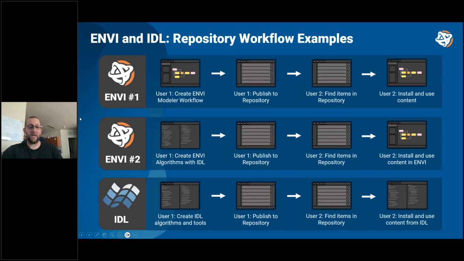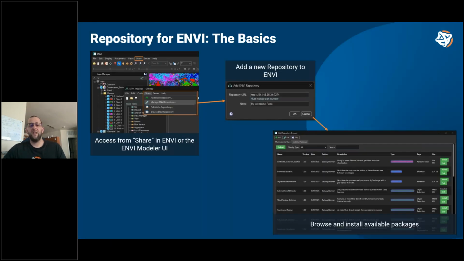So these next couple of slides, I'm going to go through pretty quickly because we're going to show most of this live. I just want to make sure we have a little bit of reference information as we're going through the ENVI user interface with some of the capabilities we'll show. So utilizing the repository within ENVI, there's two places that you can access this information.